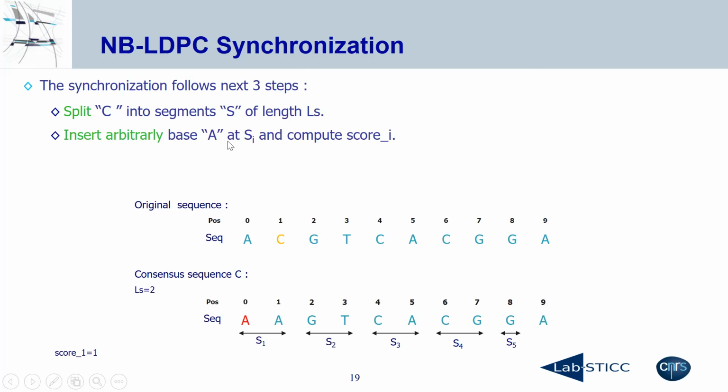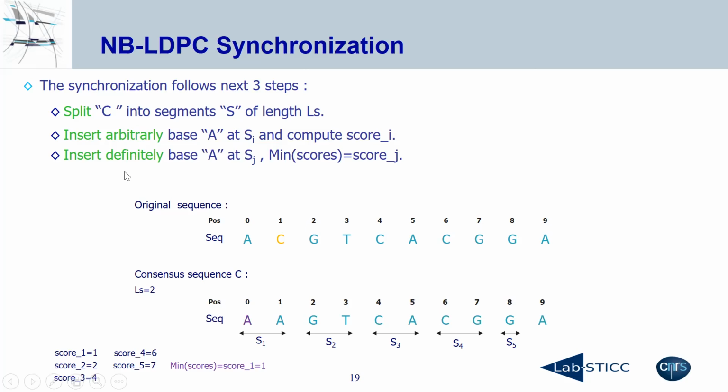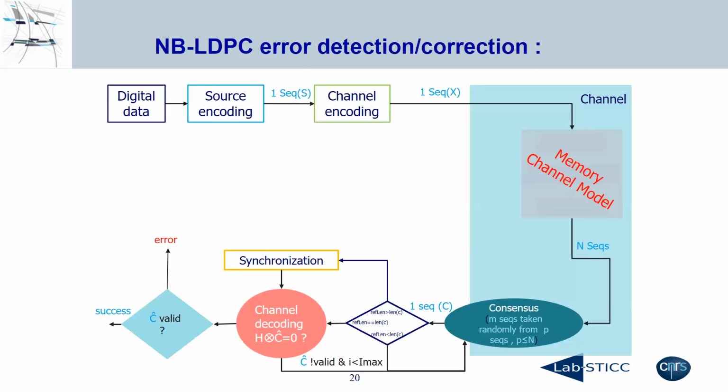After that, we insert arbitrarily a base A at the first position of each segment, and we compute a score E related to the number of unsatisfied LDPC parity check equations. Finally, we definitively insert the base A at the position of the segment SG, knowing that the score will be the minimum score observed. Also note that if multiple deletions exist, this algorithm is used in a greedy manner.